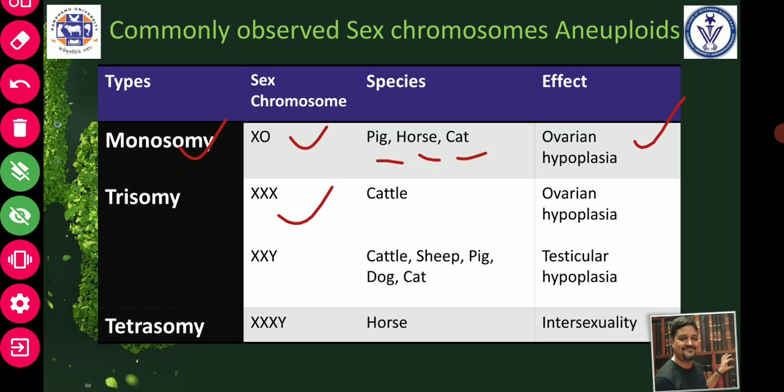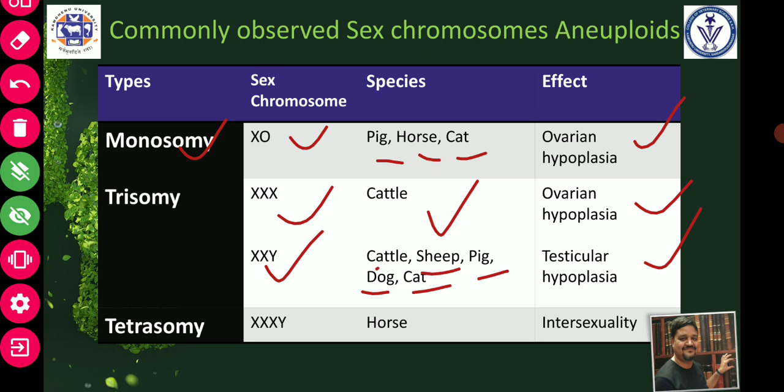Then trisomy of X chromosome, that is triple X, is observed in cattle. Again there will be ovarian hypoplasia. In case of male, there is an extra X chromosome; an extra X chromosome is observed in cattle, pig, sheep, dog and cat, and here there will be testicular hypoplasia.